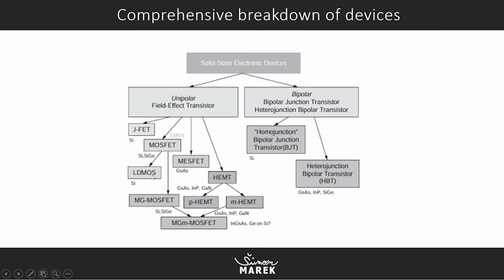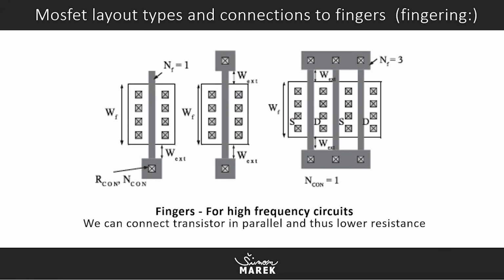LDMOS is quite popular for RF power electronics, and then we have our HEMT technology, which is oftentimes used for radar technologies and stuff where you need really high frequency signals. So there is breakdown of different technologies.